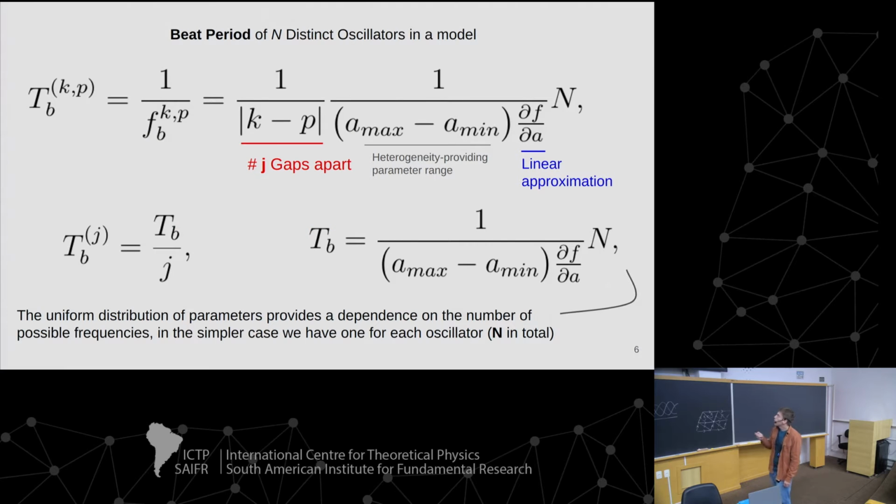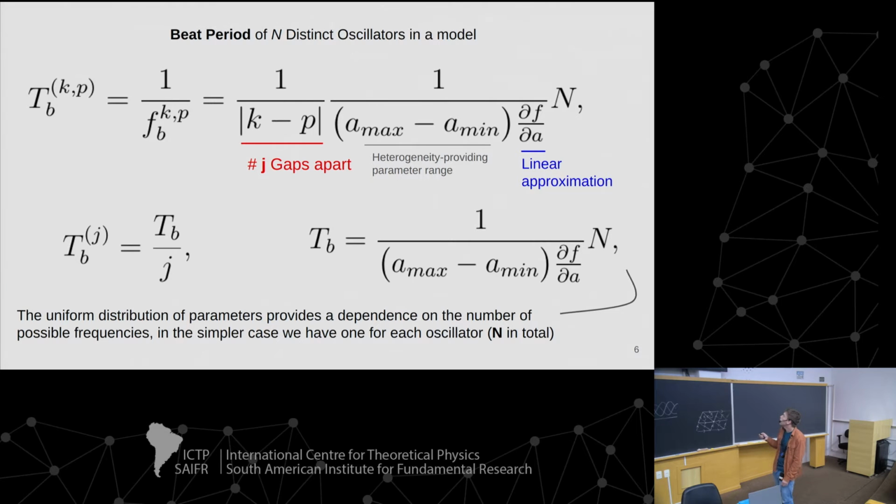And then if I make some derivations, I found that all the beat frequencies follow a simple formula that is based on this TB here, the preferential beat time, and all the other beat times are just divisors of this quantity. So this is the beat time that's the most frequent for the network.